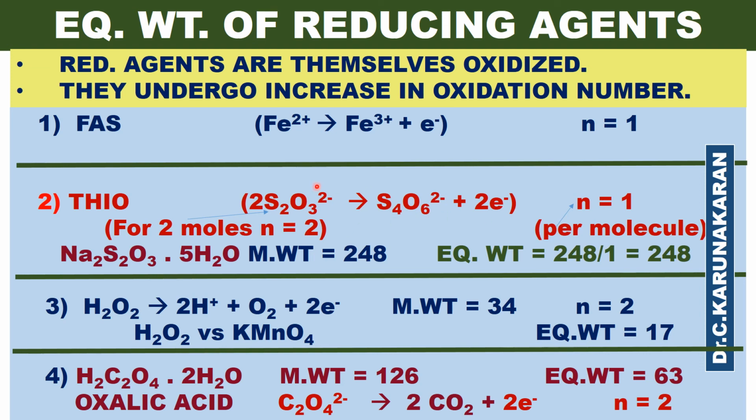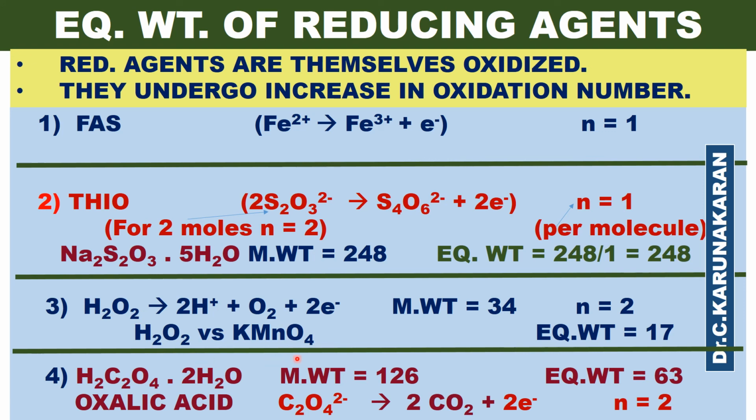For 2 moles the number of electrons gained is 2, but per molecule N equals 1 only. Therefore the equivalent weight equals 248 divided by 1, equal to 248.